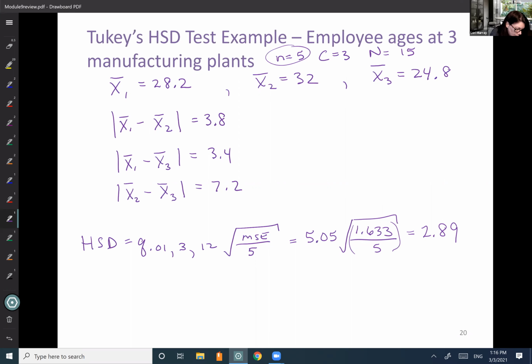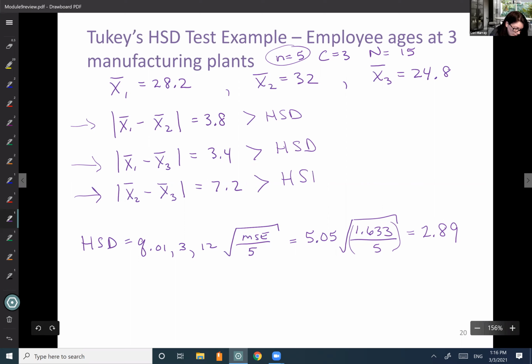And what you want to do is compare the critical difference to each of these differences here. These are the actual differences because they come from the data. So 3.8 is greater than the HSD. This one here is greater than the HSD, which means they are statistically significantly different. And here, the last one.